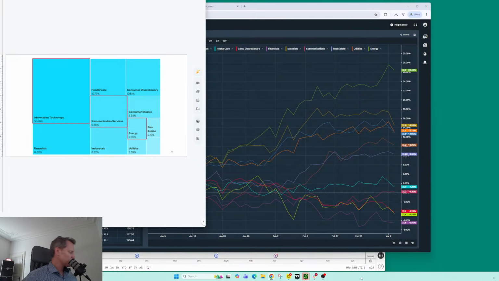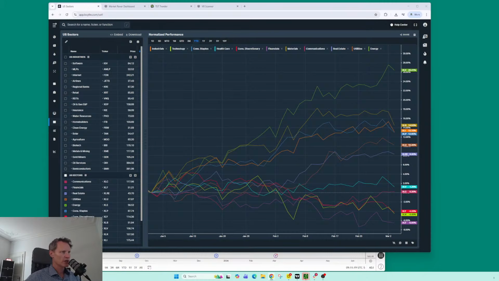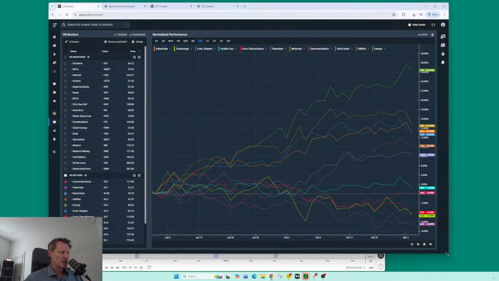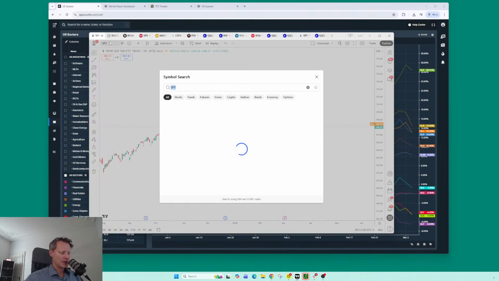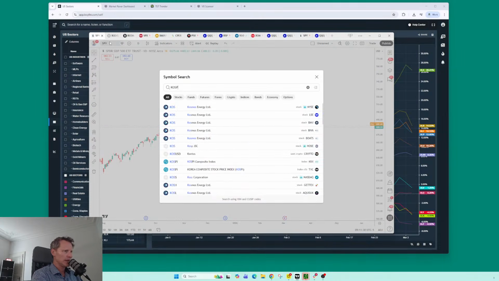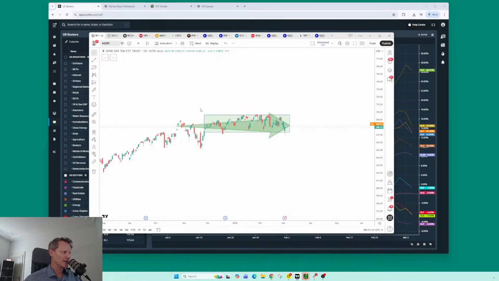The other thing I want to show you are a couple of other things. There are things happening underneath the surface in global markets too. Just like the S&P has energy stocks doing well, there are parts of the market around the world. For example, the KOSPI index. If you don't know what that is, you can Google it.